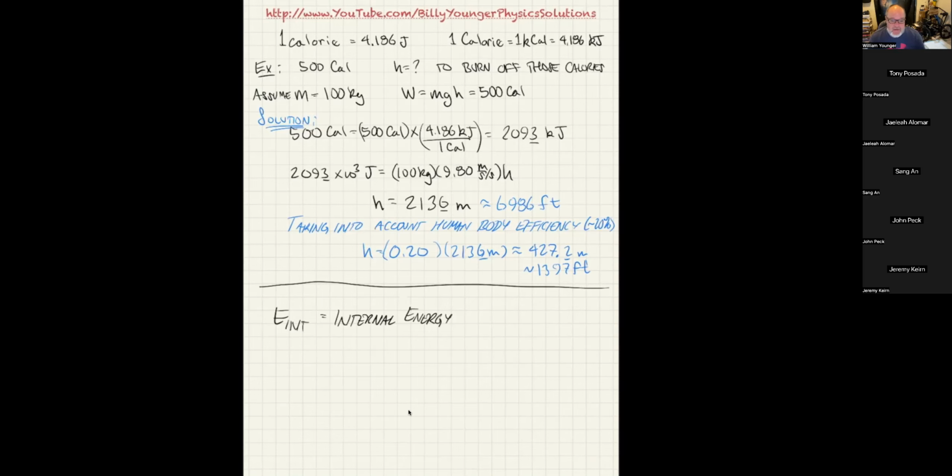So if you want to talk about the internal energy of a gas, then you'd say, okay, see that gas over there? It's 1 cubic meter of gas. It's in a container, but I'm just thinking about the gas itself. Let's look at all the different types of energy that could be in there. As I told you, obviously all the atoms and molecules are moving around with translational motion.